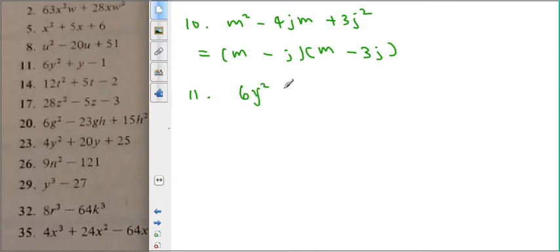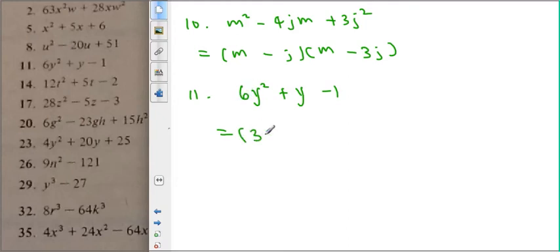Six y squared plus y minus 1. Now with this one, we have to realize the factors of 6 somehow multiplied to factors of negative 1 get you 1 in the middle. One way that's possible is this, because one of the factors is, what, 3 and 2.